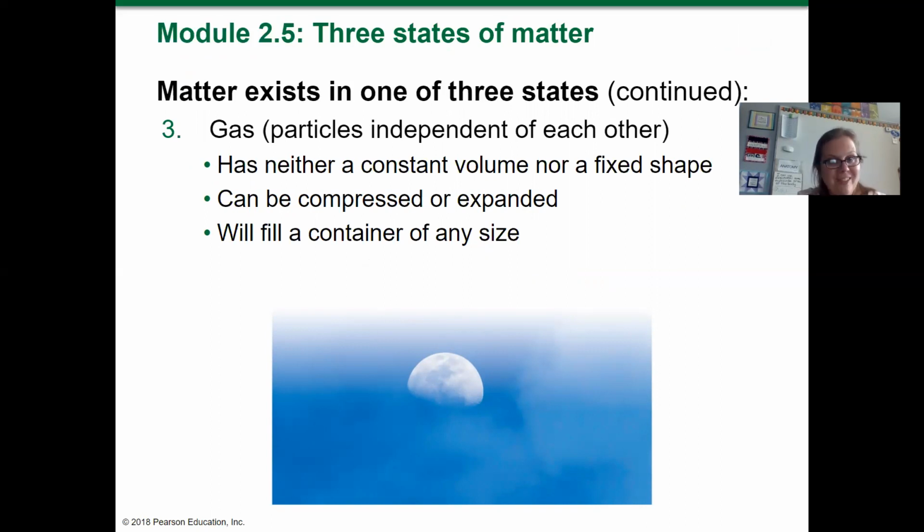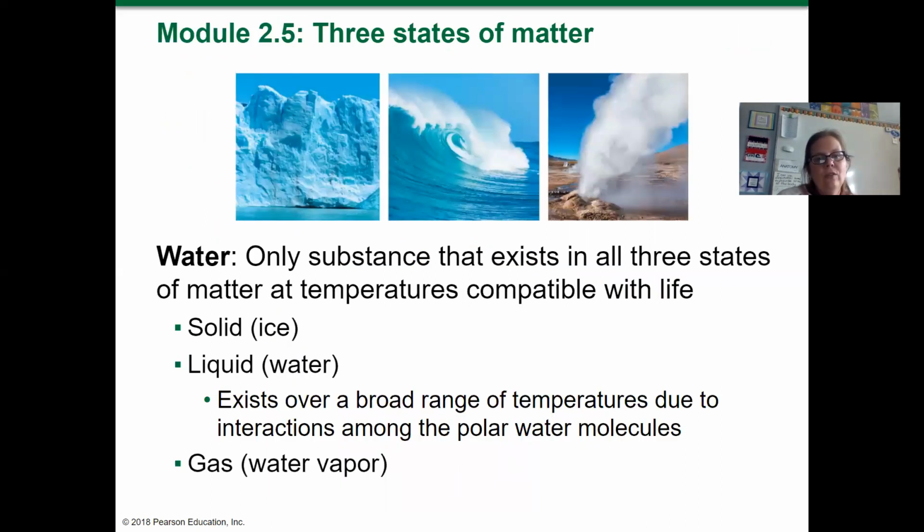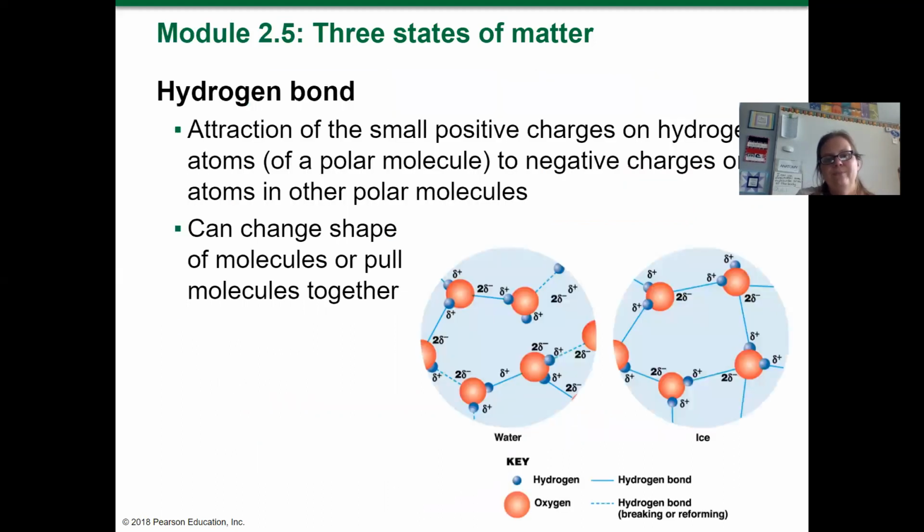That was one of my favorite units in chemistry, when we started to look at gases and how they fill spaces. Water is the only one that can exist in all 3 states of matter, only a natural one anyway. Solid water is ice, then there's liquid water, and water vapor as a gas.